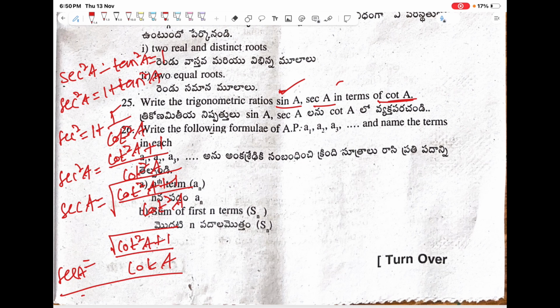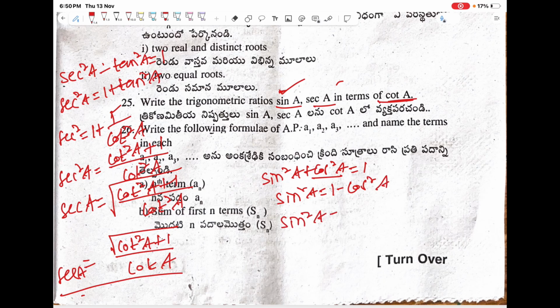So what is the identity related to sin? That is sin square A plus cos square A equals 1. Sin square A equals 1 minus cos square A after transferring to the other side.